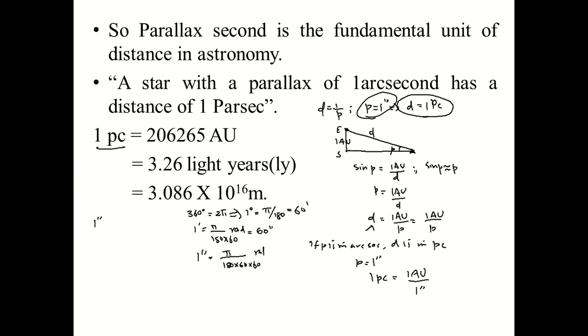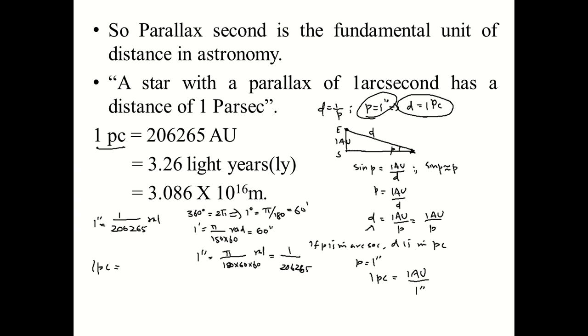Now this value, if you compute it, will be 1 by 206,265. That is 1 second. So 1 second is equal to 1 by 206,265 radians.